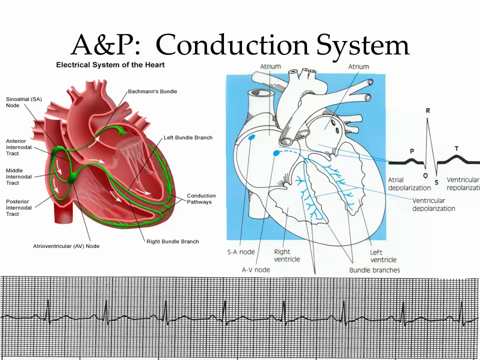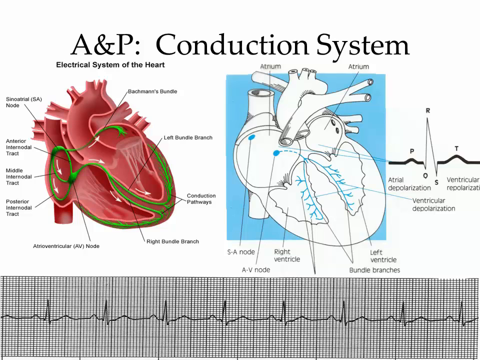So now let's think about the blood flow while that is occurring. The SA node fires and tells the atria to contract. The atria contract, and the force of that causes the tricuspid and the mitral valves to open. Now remember that the ventricles are relaxed, so it's a relatively low pressure in the ventricles at this time. So the atria contract and blood flows into the ventricles from the atria.